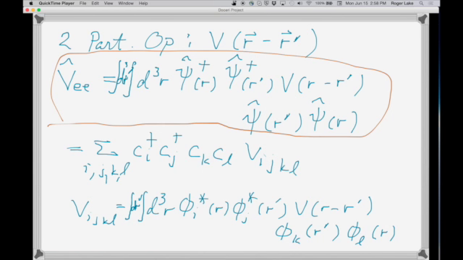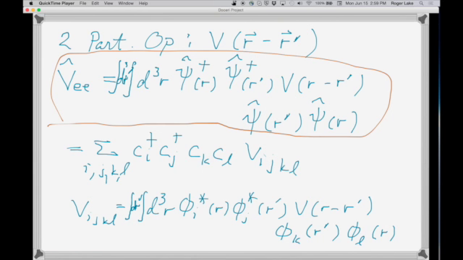The C daggers have to appear before the C's. And since V of r minus r prime is really a C number in this representation, we could put all the psis on one side or the other of the V, but the order of the psis has to be preserved, just like the order of the C's has to be preserved.